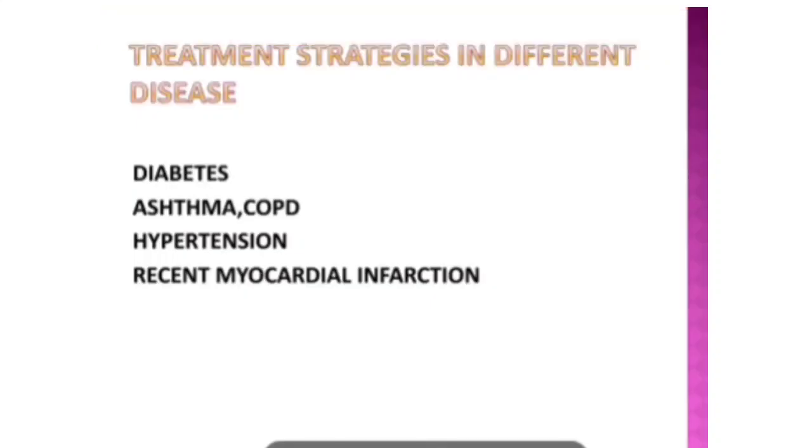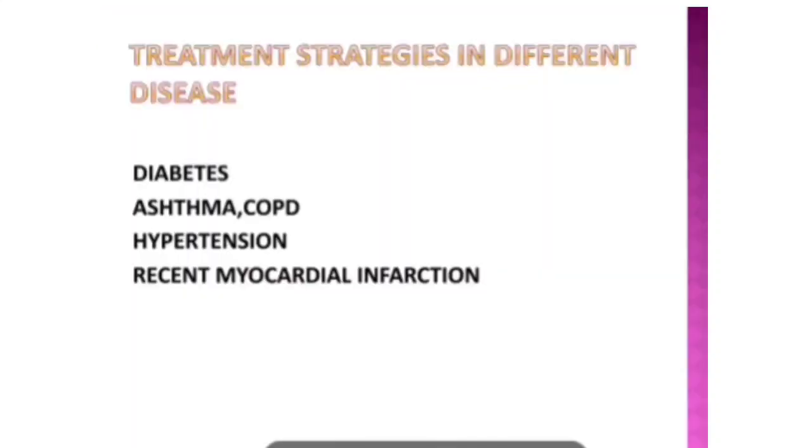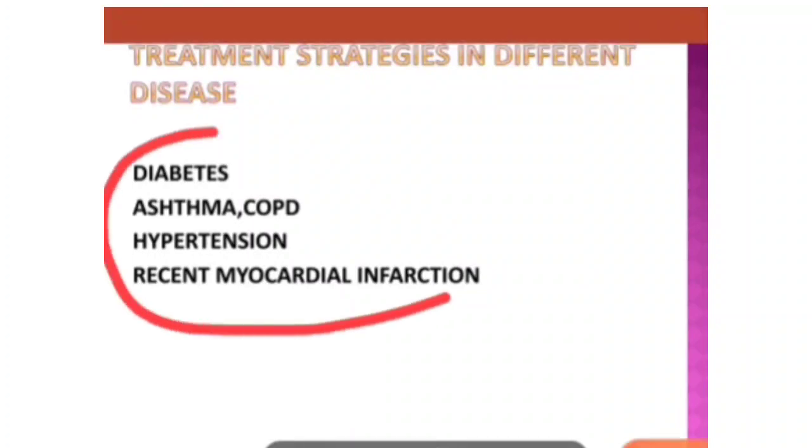Then we move on to the treatment strategies, and in different diseases like asthma and other conditions, we can see what type of drugs will be given. Before going into the treatment, normally we use anti-anginal drugs.